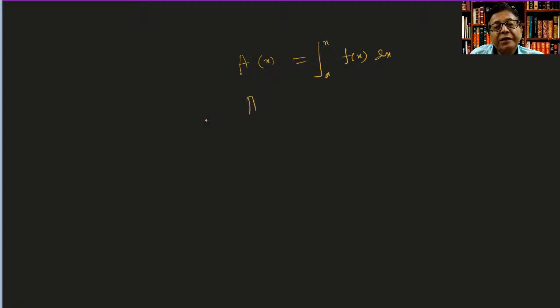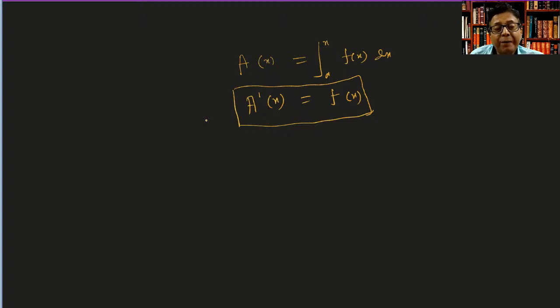This area function, known as the first fundamental theorem of integral calculus, gives A'(x) equal to f(x). A'(x) is the derivative of the left hand side, which is given by the function f(x) only.